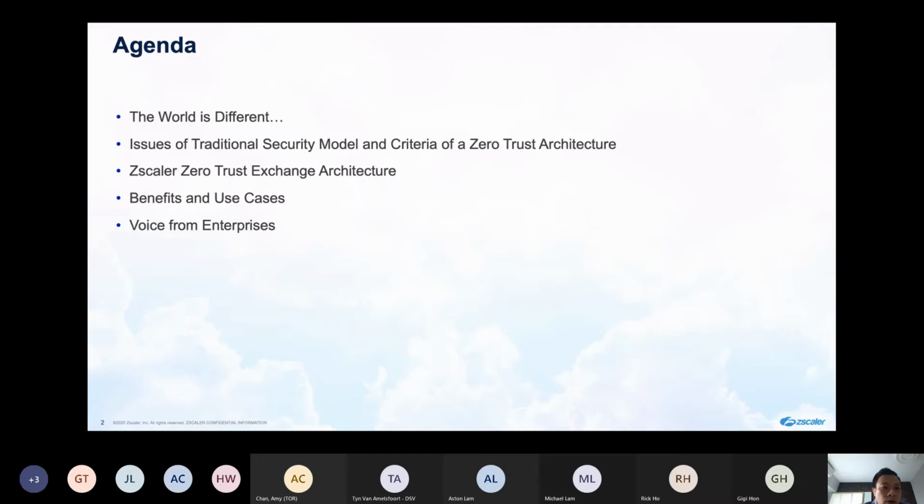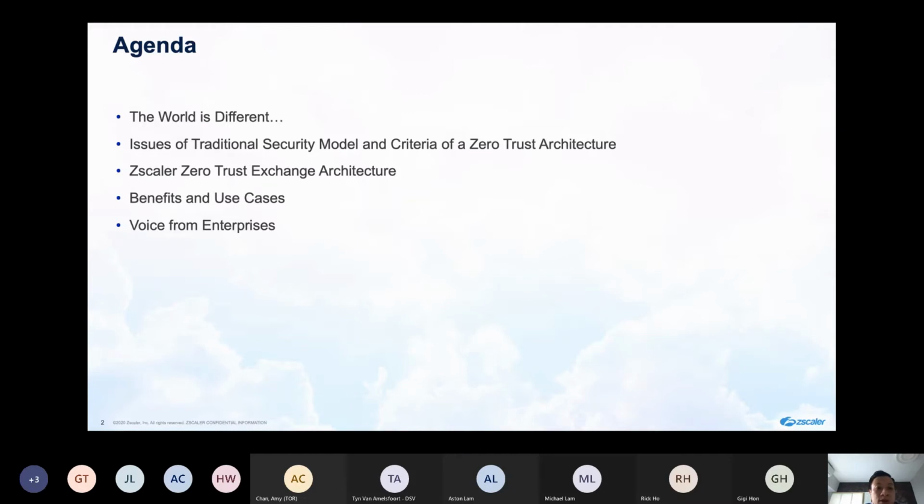And then I will move to the Zscaler Zero Trust Exchange architecture to leverage it as an example to share more on how Zscaler actually delivers zero trust as a service to our customers.